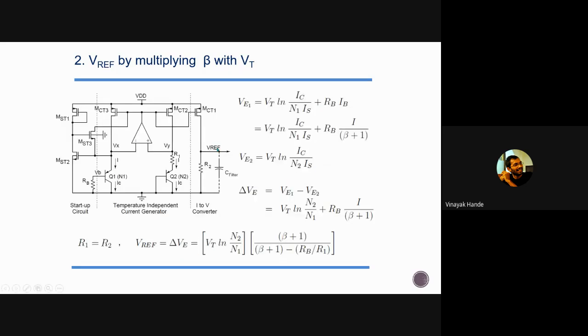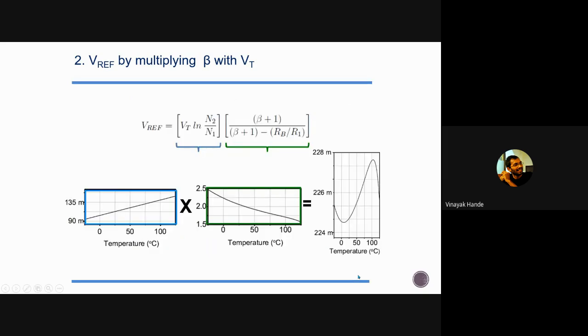And for the first time we have published some results on a multiplicative based voltage reference. Here we have VT ln N2 by N1, which is increasing with the temperature, and some beta and resistor values, which are reducing with the temperature, right?